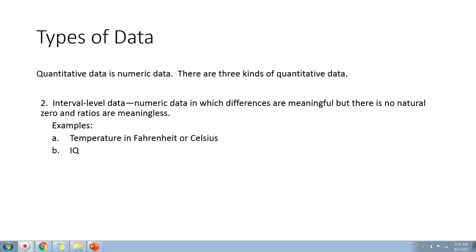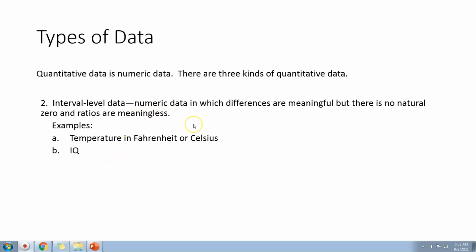These are not weights and measures, things that you can measure with a measuring tape. So there's no natural 0 because on the Fahrenheit or the Celsius scale, somebody just said, okay, let's put 0 at this place. Okay, same thing with IQ.